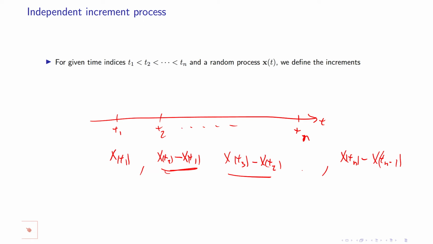If these n random variables are independent for all t1, for all t2, and for all tn, for arbitrary time instances, then we call this a stochastic process with independent increments.